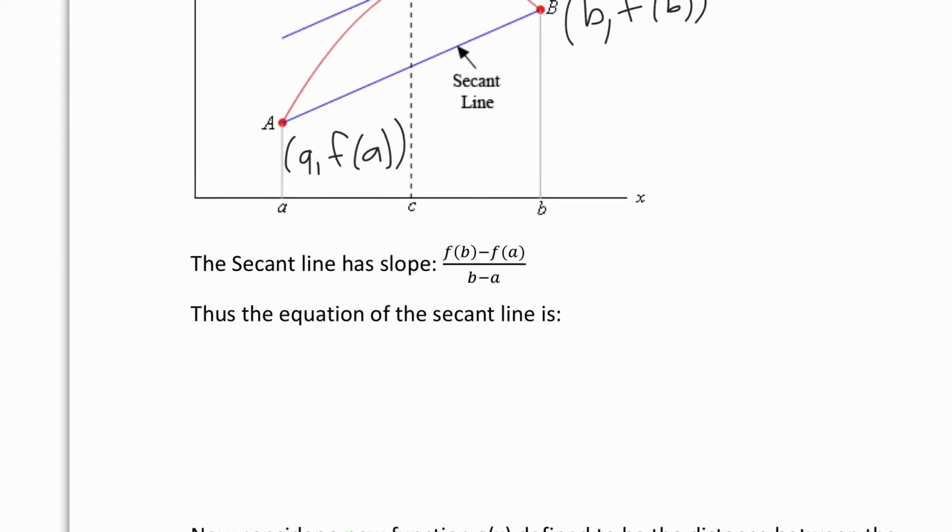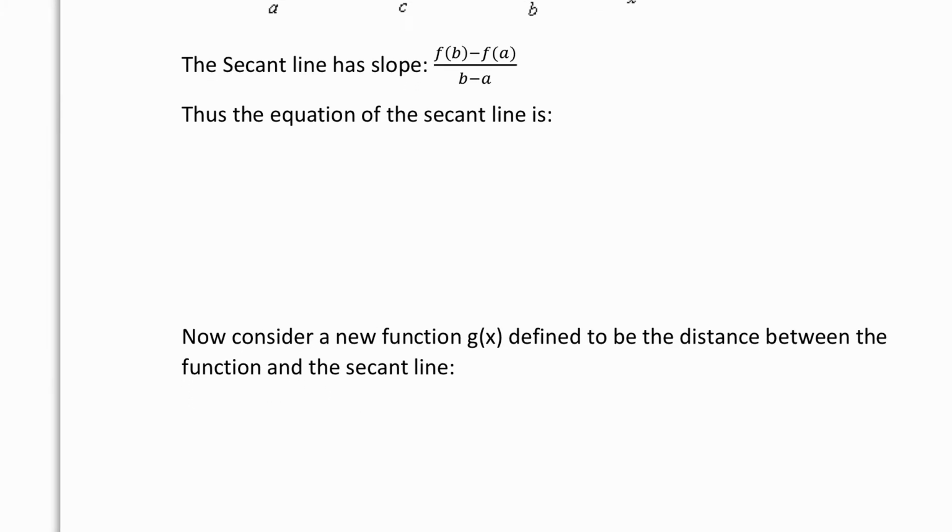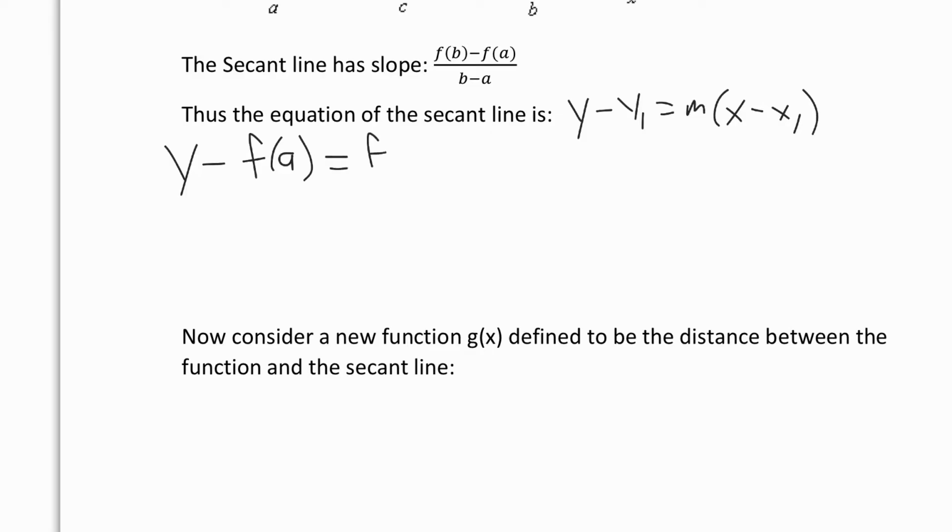Now let's go ahead and actually try to find an equation for the secant line. Well, we know that an equation for any line would be y minus y1 equals m times x minus x1. That's our go-to point slope formula for a line. So for the secant line, I'm going to use the first point. So y minus y1, I'm going to use f of a, equals m, which we know as f of b minus f of a over b minus a, and then x minus a.